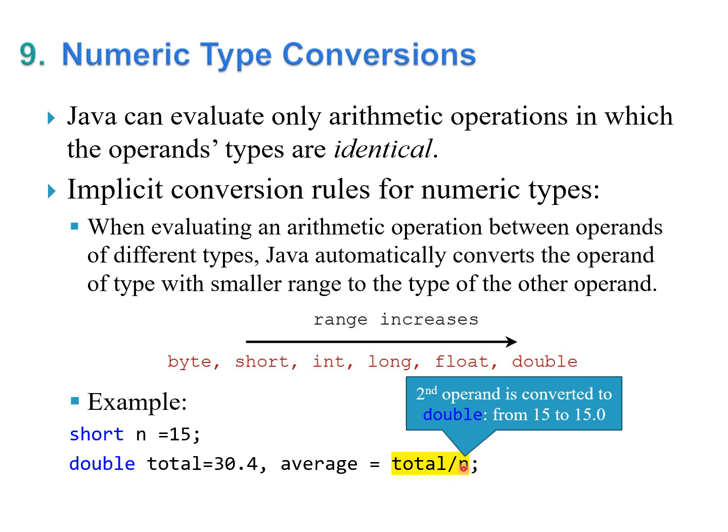It does not convert the variable n into double. The variable n still has type short, but the value that is substituted here, which is 15, will be converted to the value 15 in type double, so that would be 15.0.